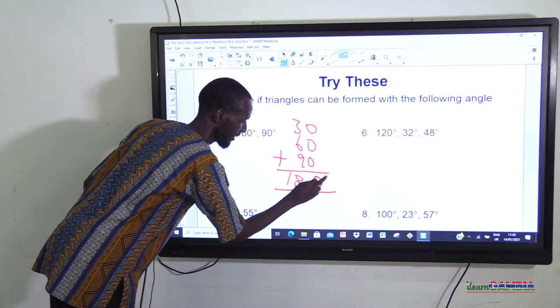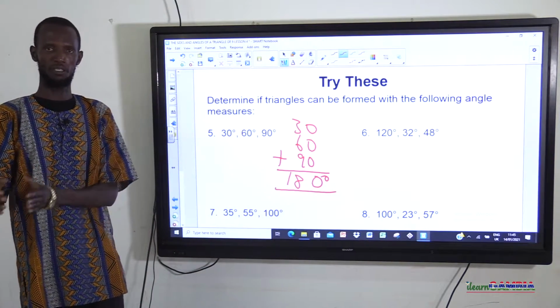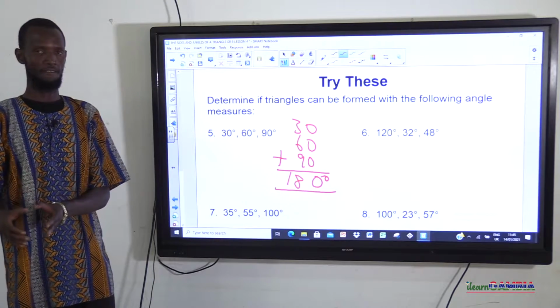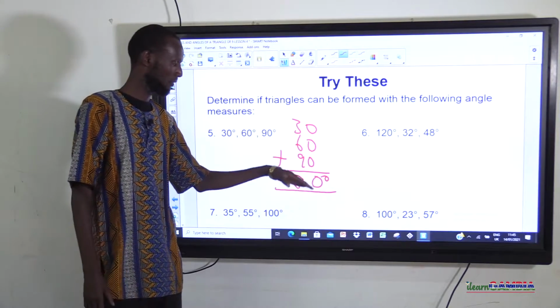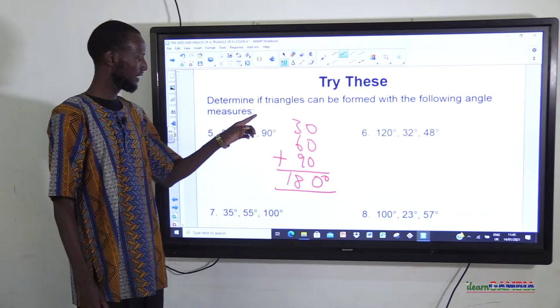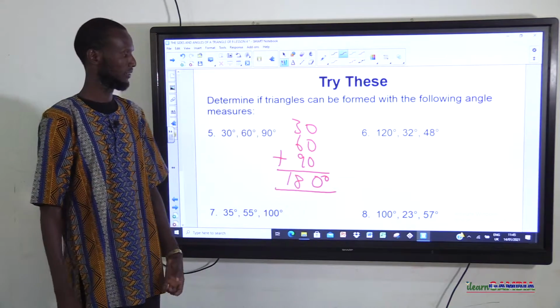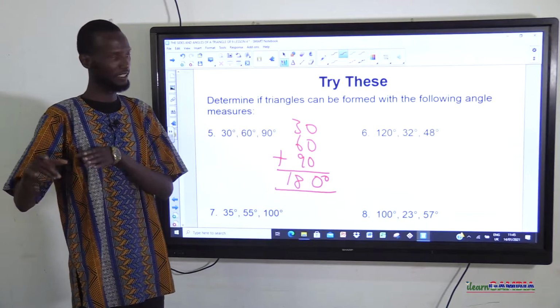So that gives us 180 degrees, and that is exactly what we want. Since the sum is exactly 180, we can conclude that these three angles can form a triangle.